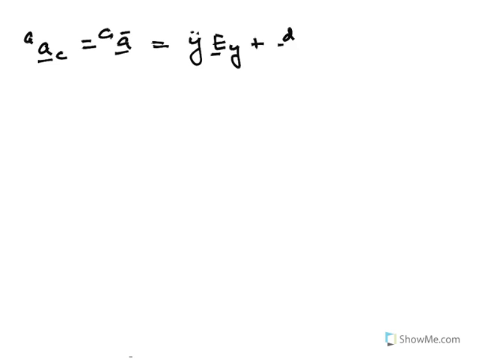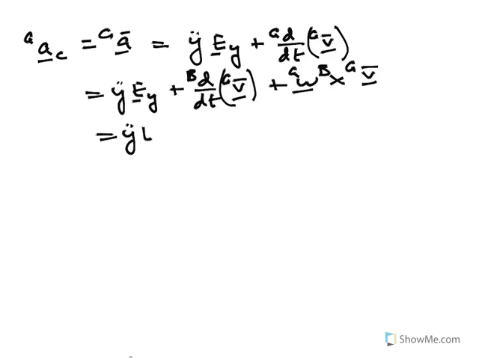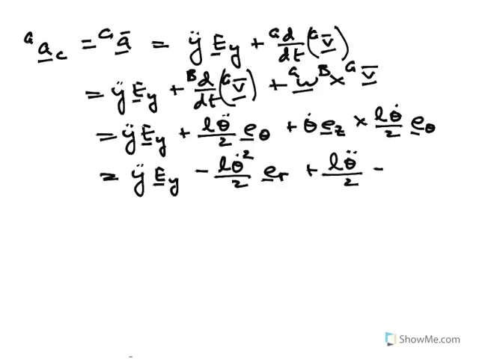And then plus d dt in G of the velocity of the center of mass in G. That is equal to y double dot Ey plus d dt in B of the velocity of the center of mass in G plus the angular velocity of B in G crossed with V bar G, which is equal to y double dot Ey plus L theta double dot over 2 E theta plus theta dot Ez crossed with L theta dot over 2 E theta, which is equal to y double dot Ey minus L theta dot squared over 2 ER plus L theta double dot over 2 E theta, where I flipped the order of the last two terms after I took the cross product. So that's the acceleration of the center of mass.